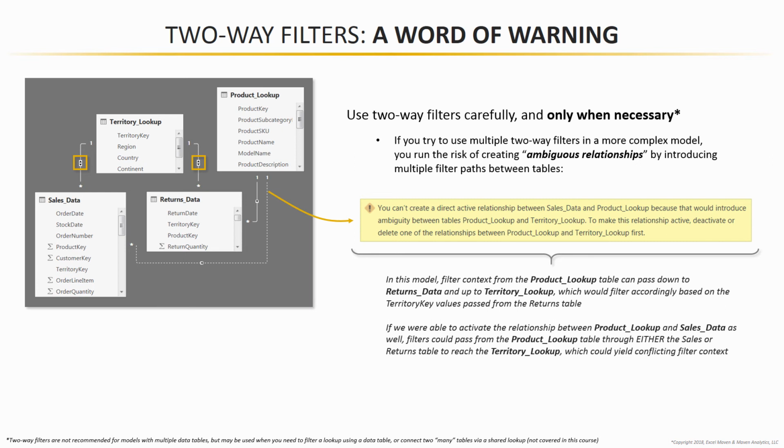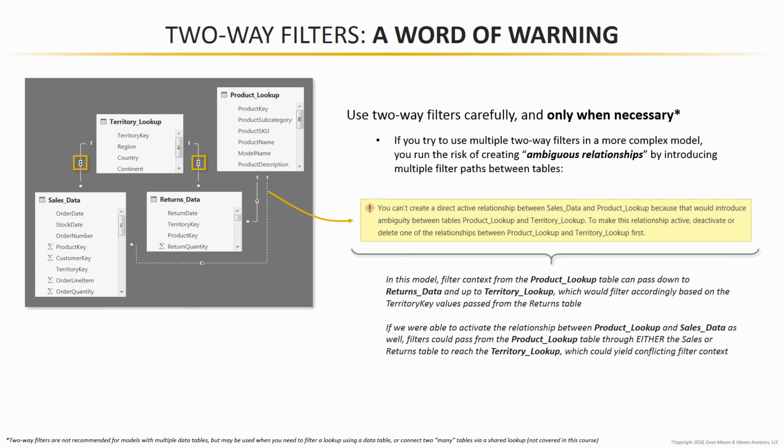So what we've done in this hypothetical situation is pass two conflicting sets of filter context to that same territory lookup table. The returns data table is telling the territory lookup that the only territories that exist are 7 and 8, and the sales data table is passing along different information and saying that territories 1, 2, 3, 7, and 8 are the 5 territories that exist.